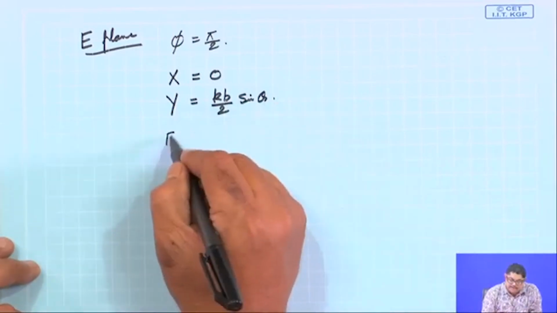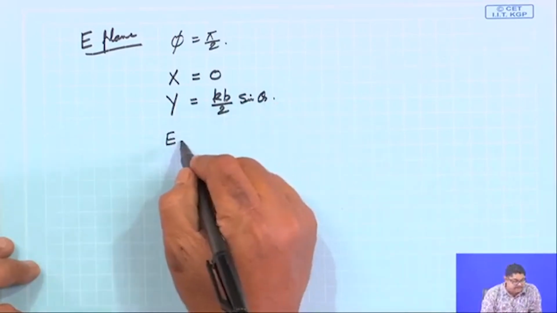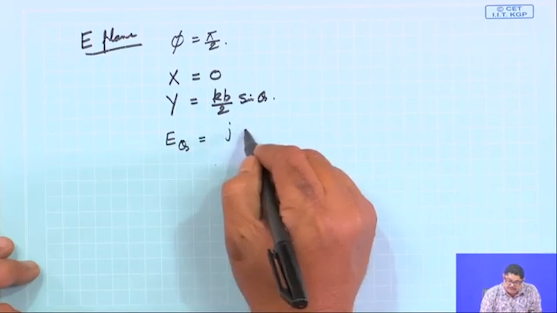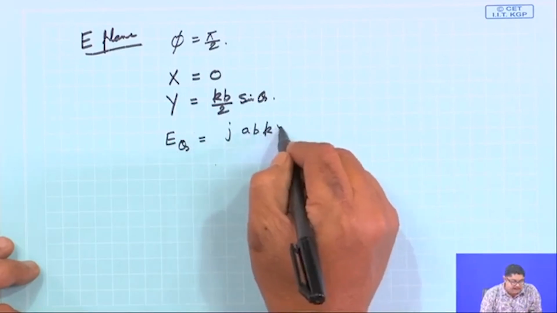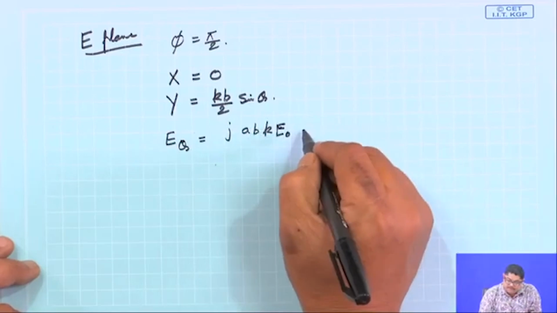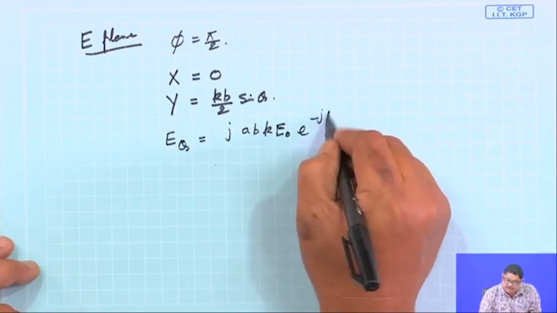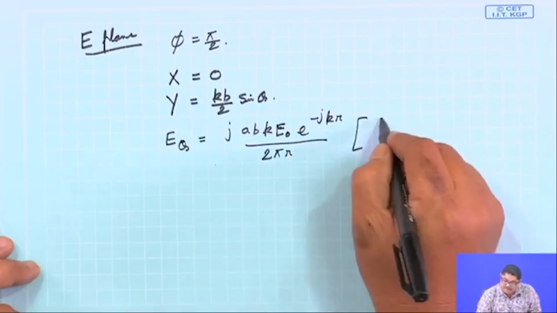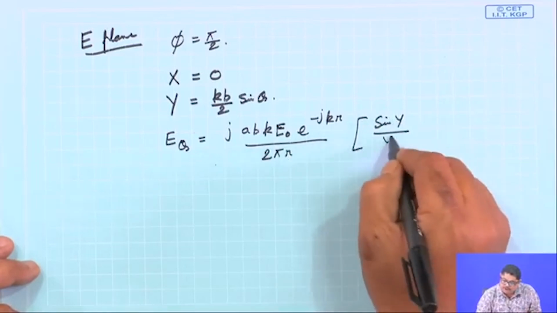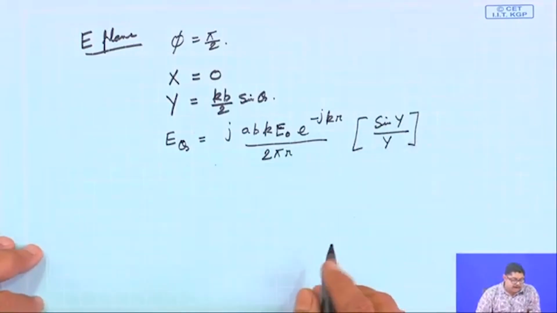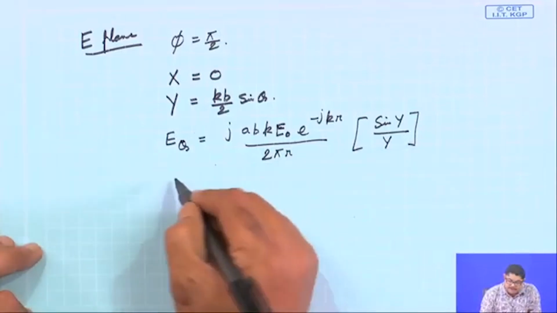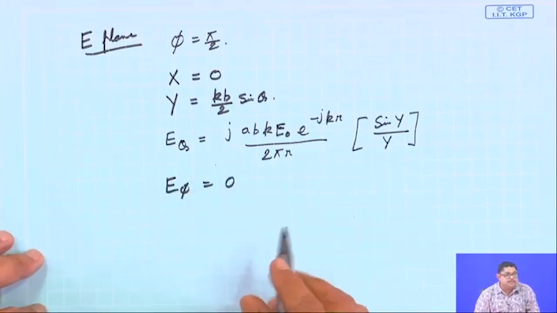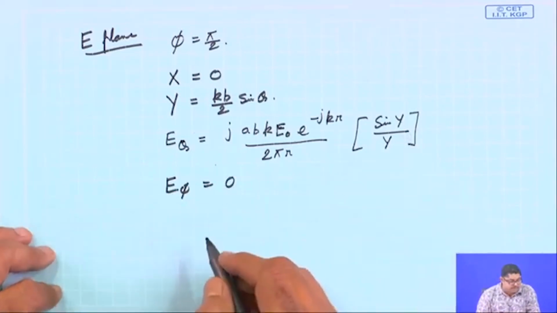So if you see the E theta, E phi expressions, E theta is j a b k E naught e to the power minus j k r by 2 pi r sin Y by Y, and E phi will become 0. So in the principal plane you do not have E phi.